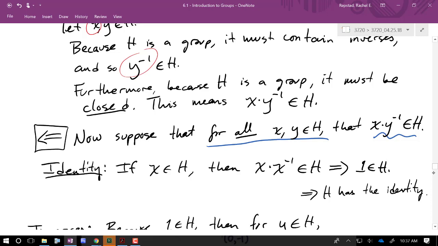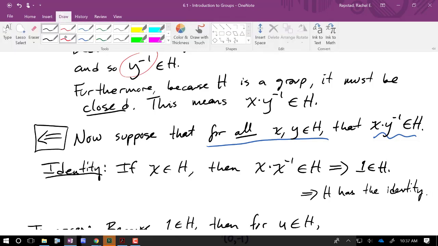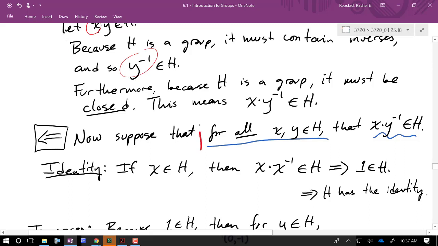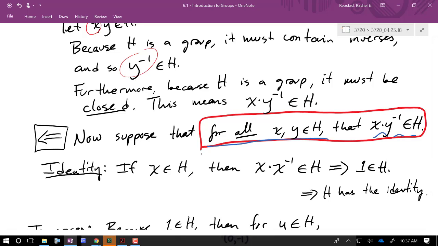And the reason we get x times x inverse is we're using this fact, our assumption in this part of the proof: suppose that for all, no matter what elements we might pick for x and y, the product x y inverse is in there. So that holds even if we pick x and x.